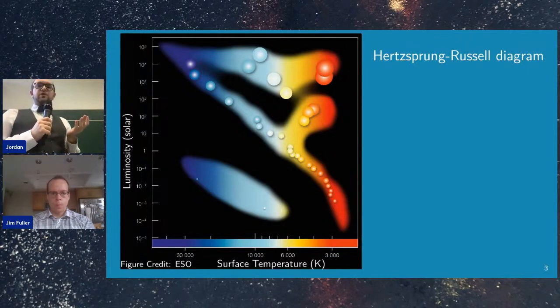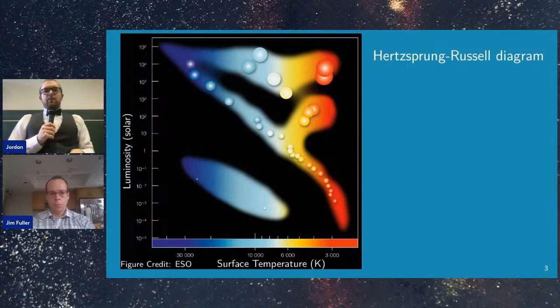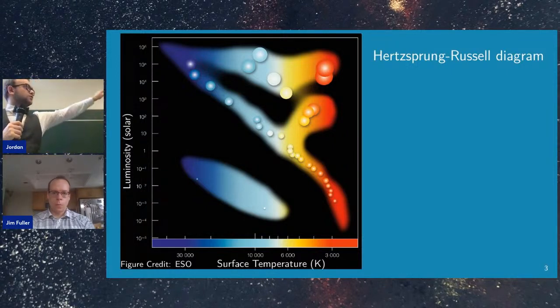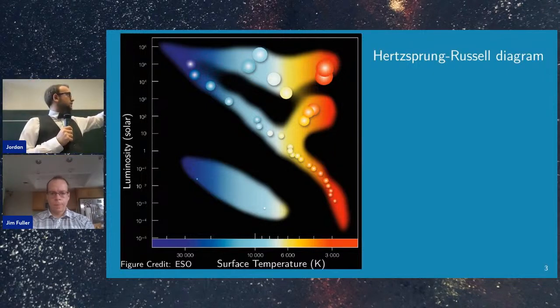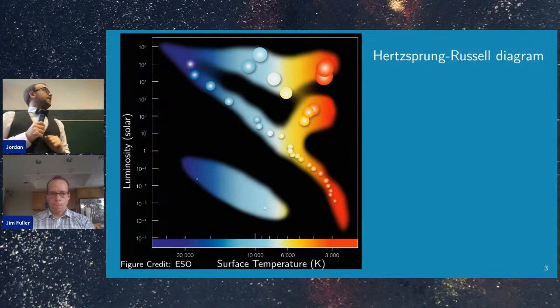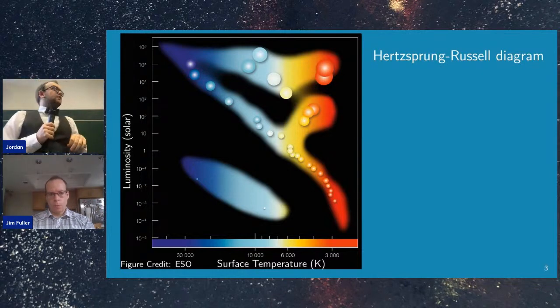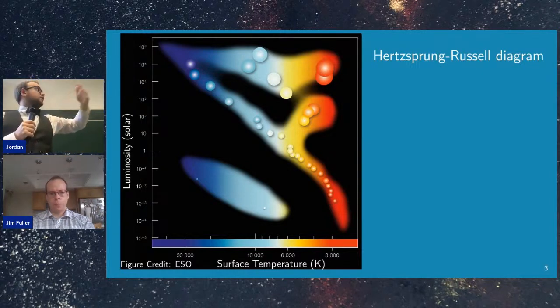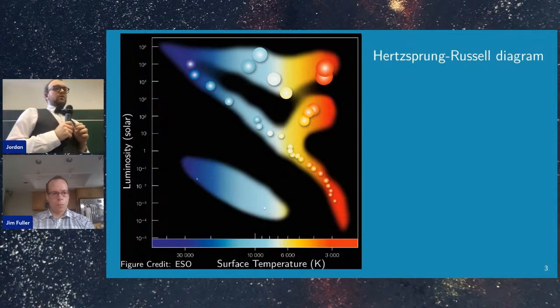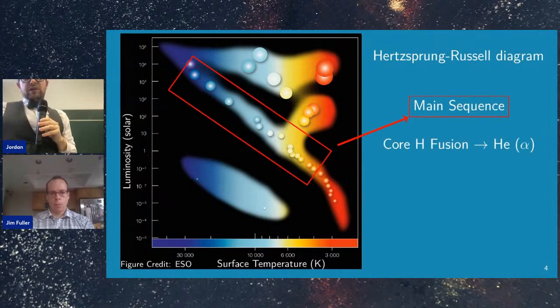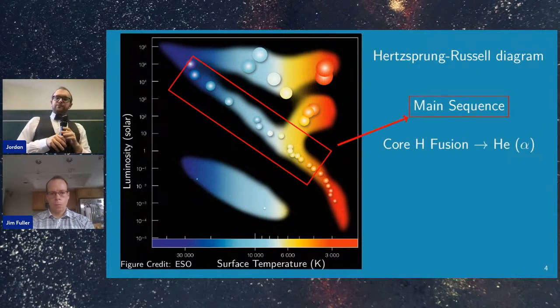One way of doing so is by putting them on the Hertzsprung-Russell diagram, where you have the temperature of the surface of your star on the x-axis, and the amount of light they emit, or the luminosity, on the y-axis. You can see that these stars are actually grouped on that diagram, and a very important group is the so-called main sequence.